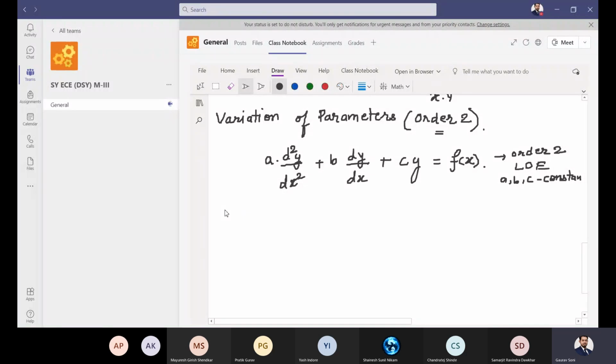So now what will be the auxiliary equation for this? Auxiliary equation will be, anyone? Not into y, that will be equal to 0.